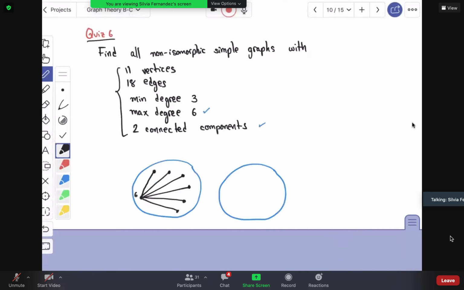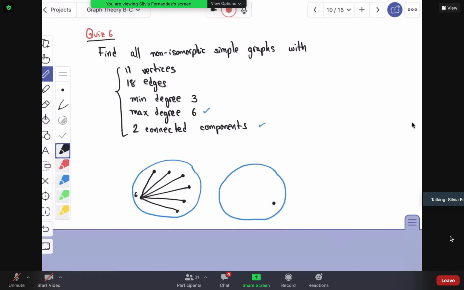Now, I need to have, as I said, at least one vertex here. I don't know how many. But I also need to have minimum degree 3, which means that this vertex, there's at least one here, but it cannot be by itself because it needs to have at least degree 3.